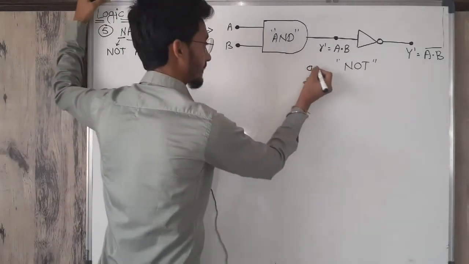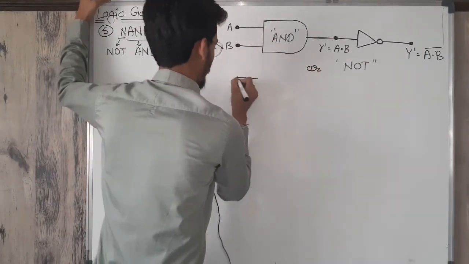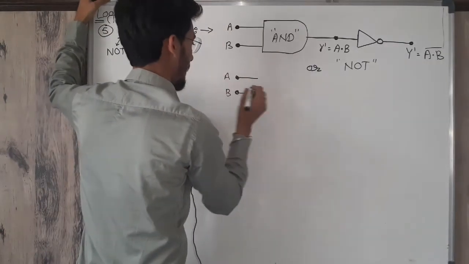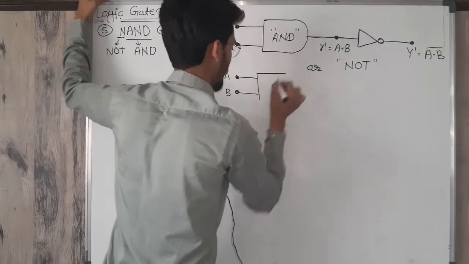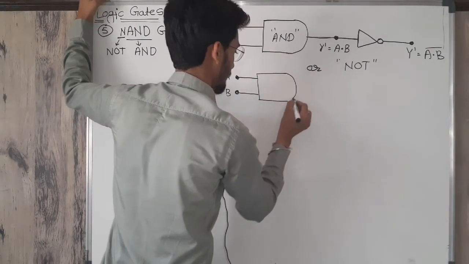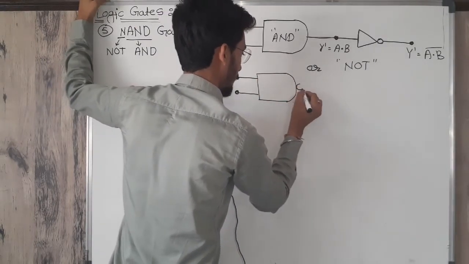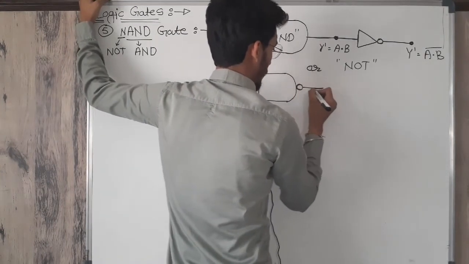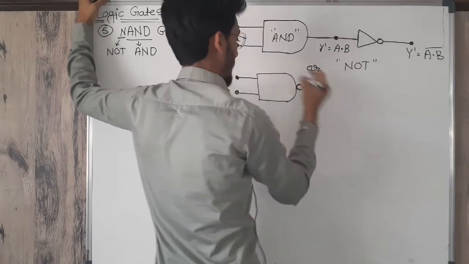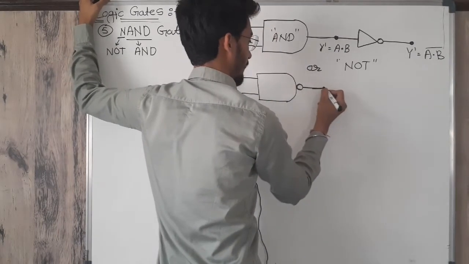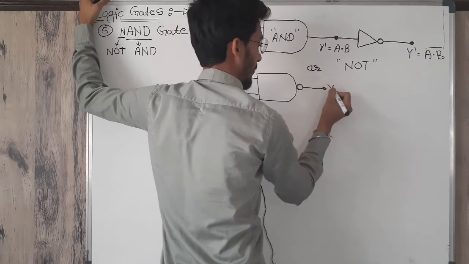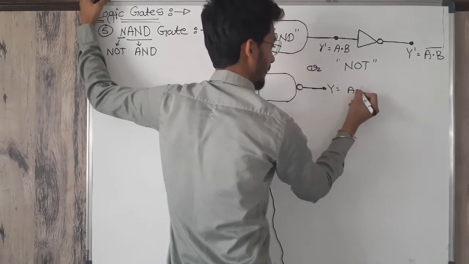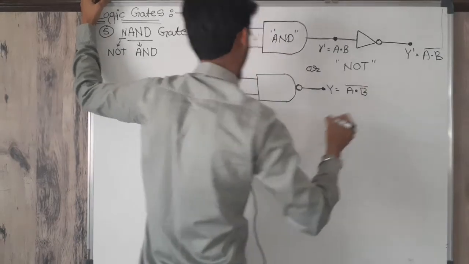And another representation is like this. A and B are the inputs, and a small bubble-like shape is put at the tip of the AND gate, where the output is formed. So the final output is A dot B bar.